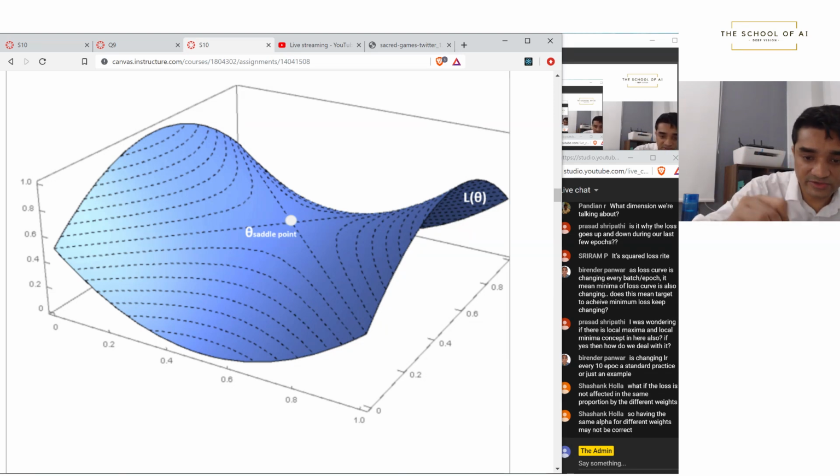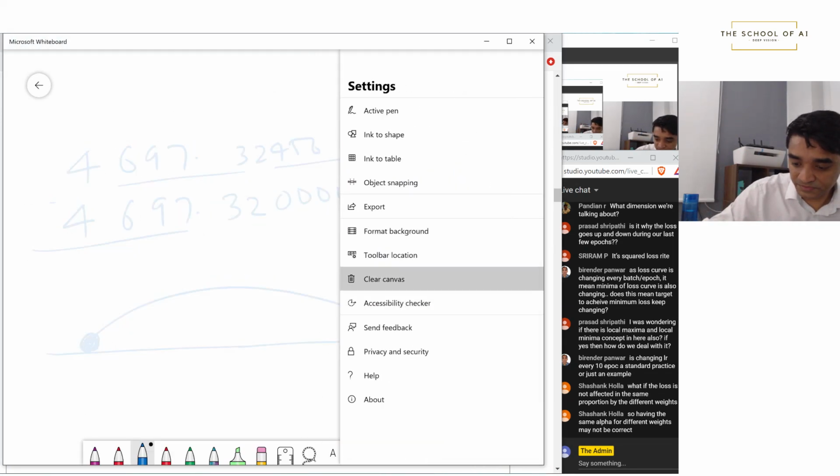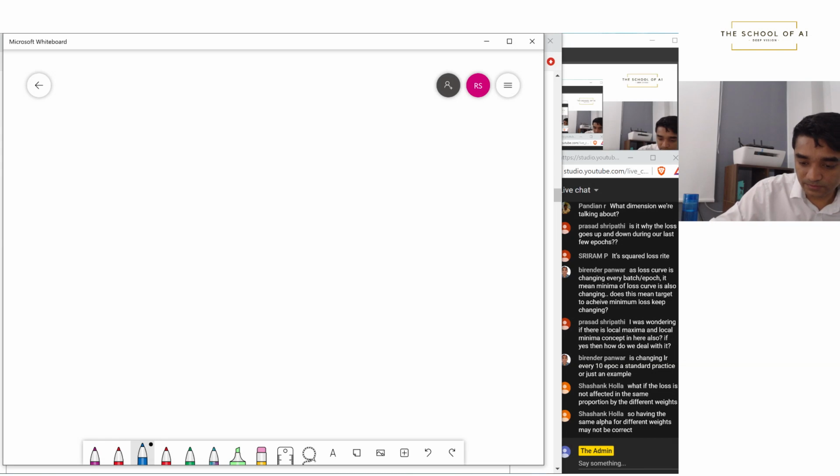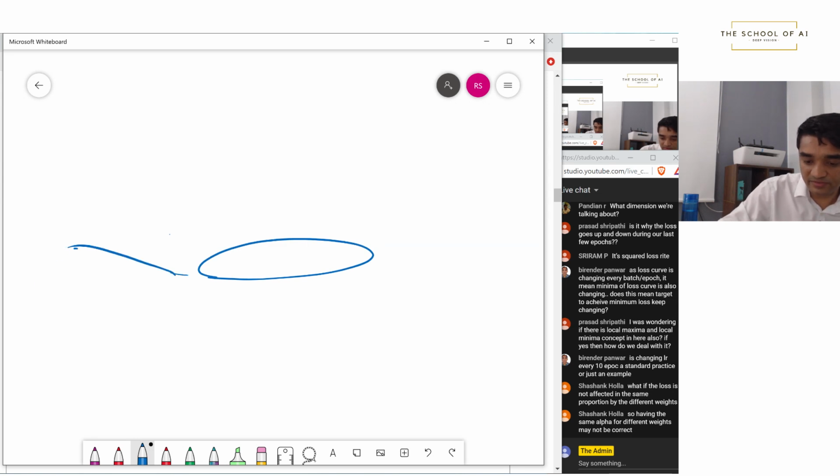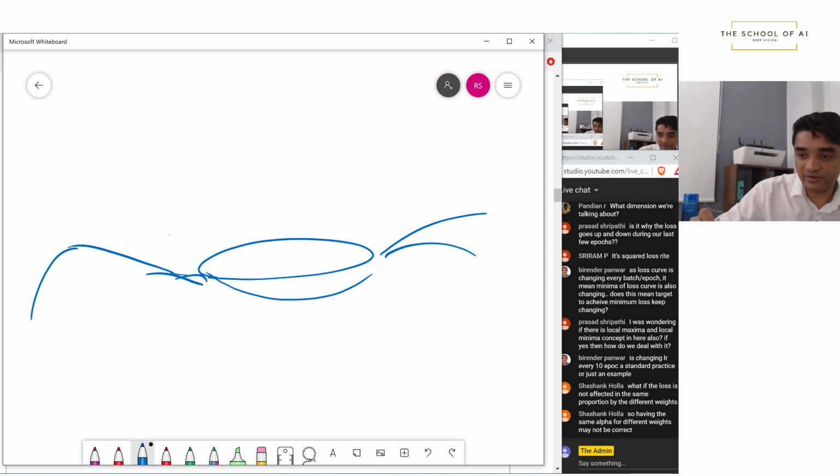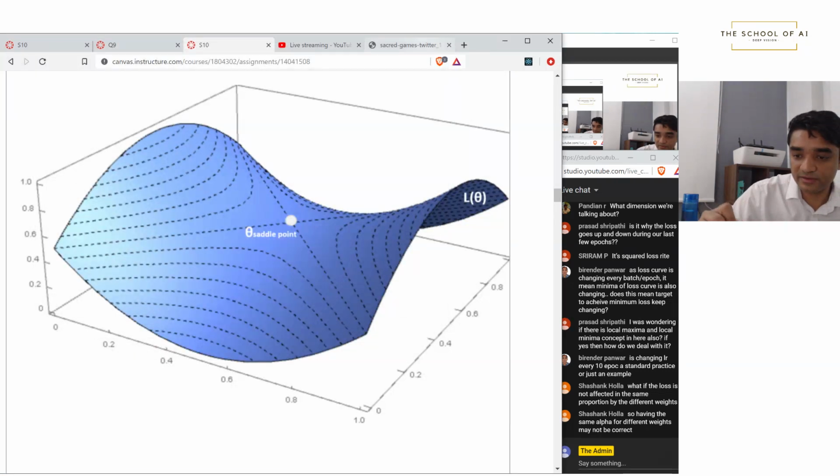Let me try and draw that so you understand how it looks. So this is that down part, and apart from here you have this curve, and everywhere else you go, you have the higher point.